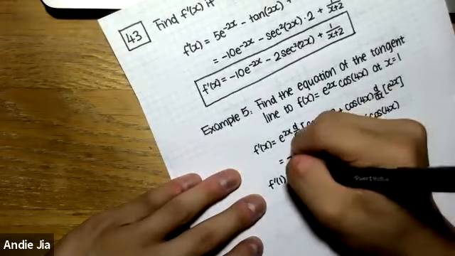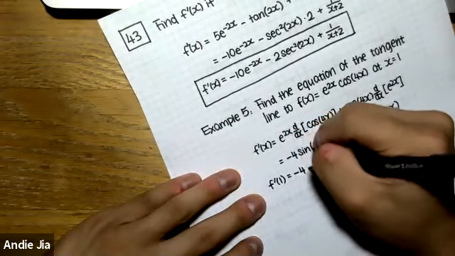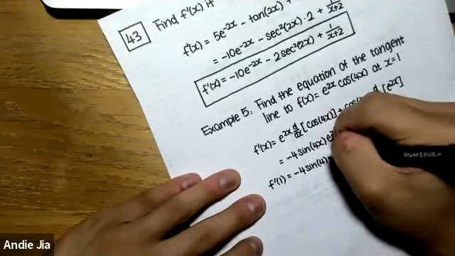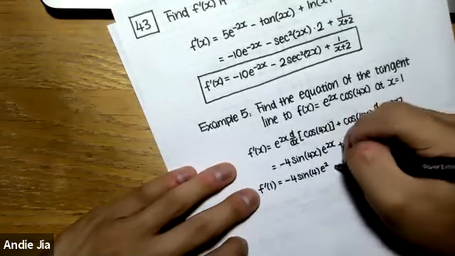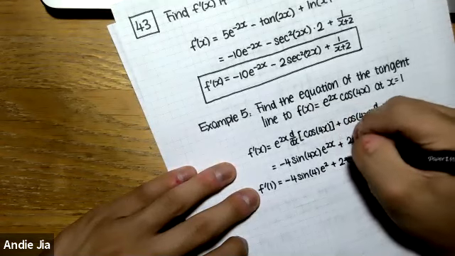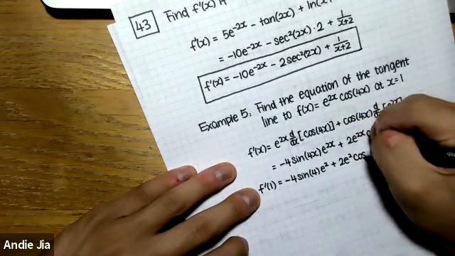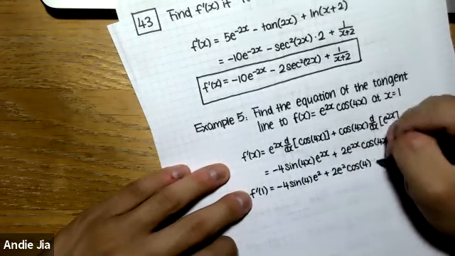f prime of 1 is equal to negative 4 sine of 4 e squared plus 2 e squared cosine of 4.